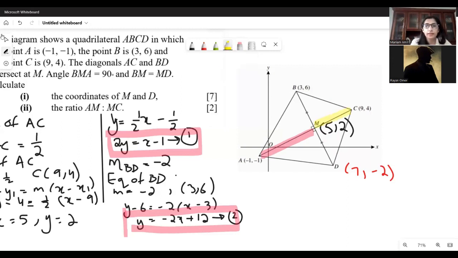So we need to find AM ratio MC. Miss, we can just use the coordinates of points A and M to find the distance of line AM, and then the distance of line MC. Yes. And then you can simplify it in your calculator. That would work.